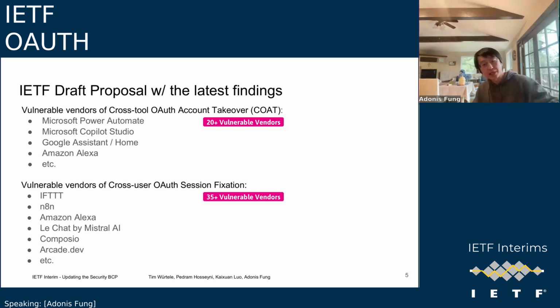And for the second category, cross-user OAuth session fixation, we found 35 vulnerable vendors, again, all big names. This makes it more pressing than we wished. We've been reporting so many problems, almost day after day, with Kai-Shun doing all the responsible disclosure.